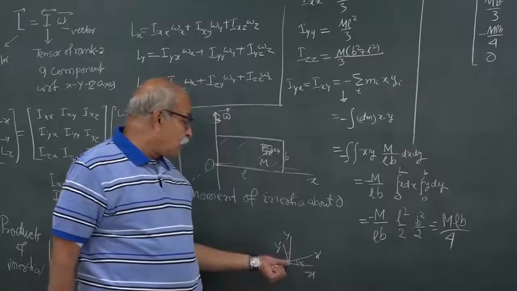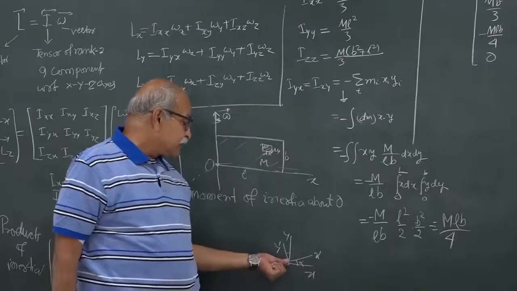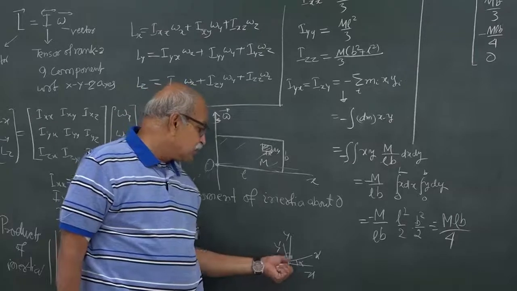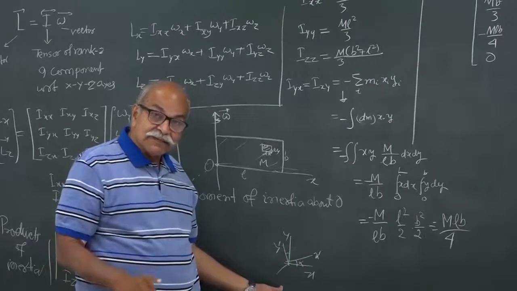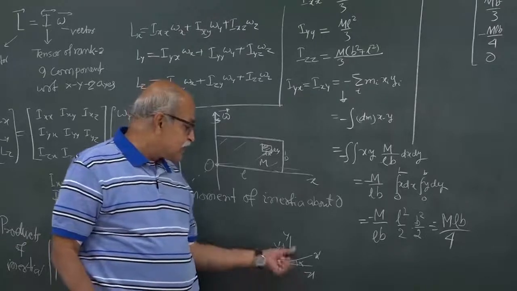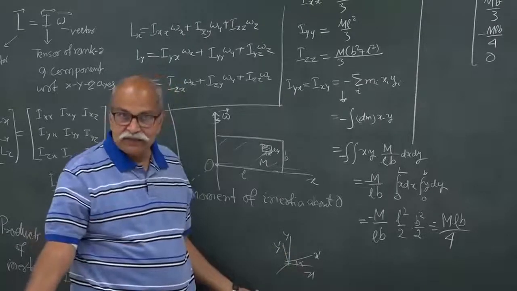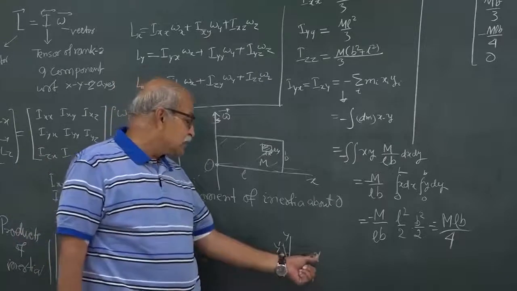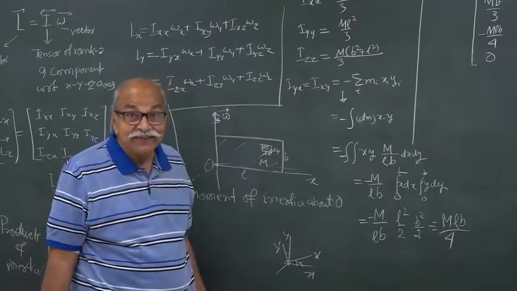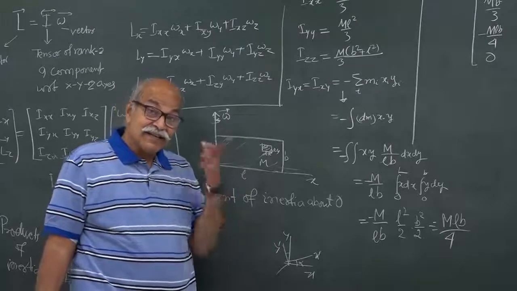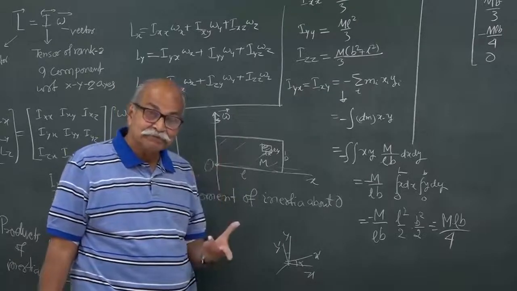You write the component of the vector along the directions of x prime, y prime, z prime, the components will be different. If you are using x, y, z axis, there are some components of a given vector. If you are using x prime, y prime, z prime, the components will be different, but the vector is not different, it is the same vector, it is a physical quantity.